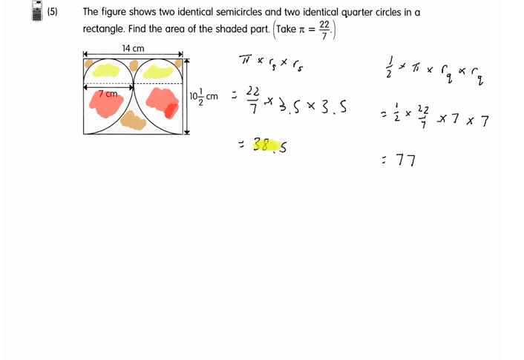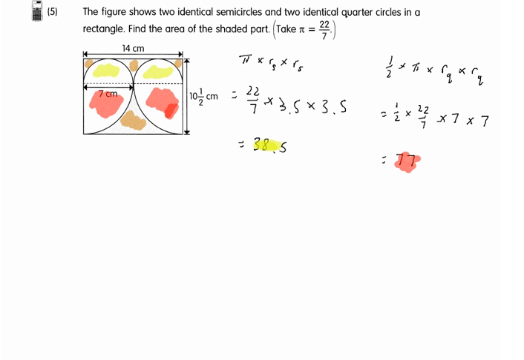Half times 22/7 times 7 times 7, right? Any problems with it? Who does not agree with me? First of all, you must agree that the radius in this case is 7. If you cannot agree that radius is 7, then we cannot solve this. Any problems so far? Okay, good. So this is for the red color semicircle formed from the 2 quadrants.